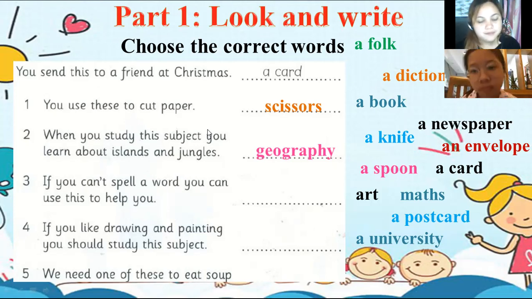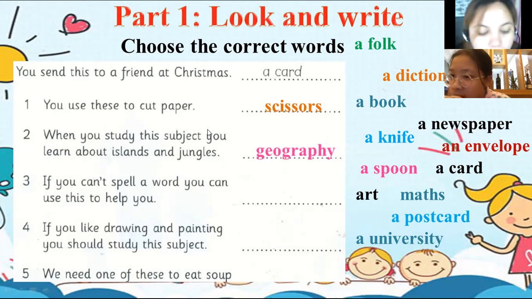So number 3. If you can spell a word, you can use this to help you. Oh, it's a kind of book.